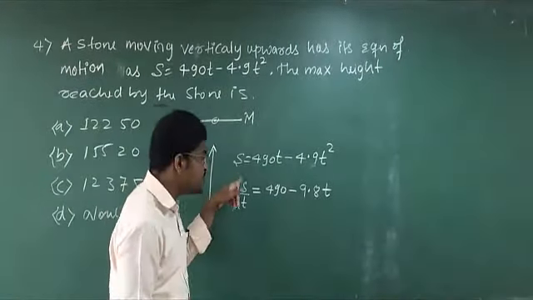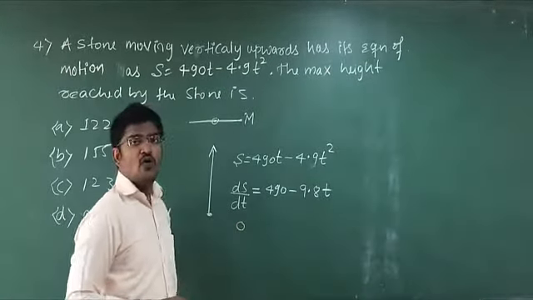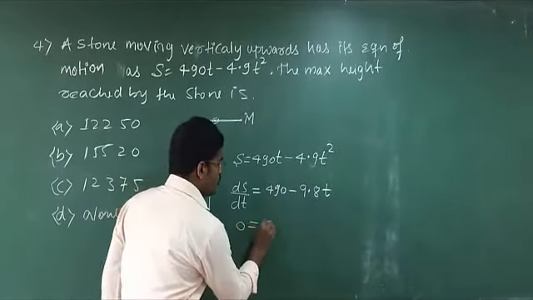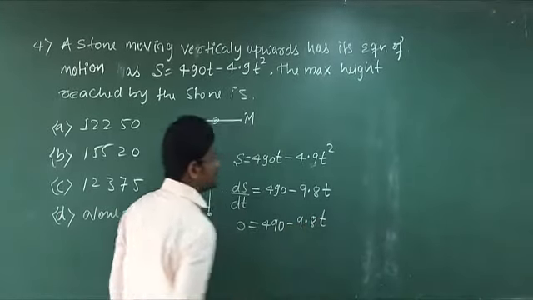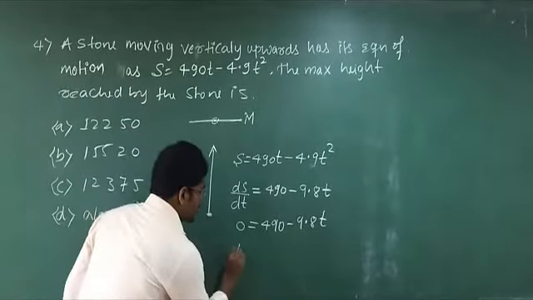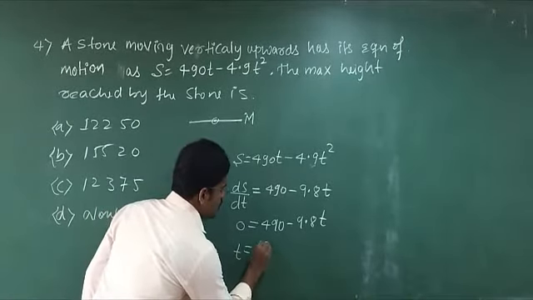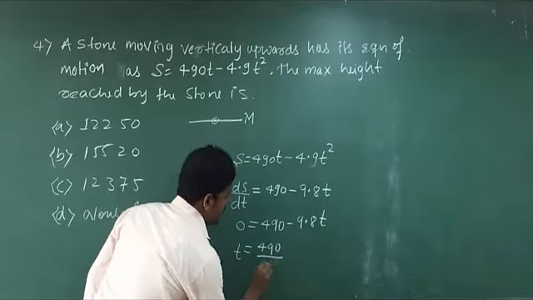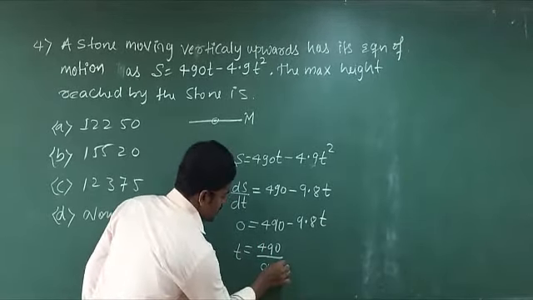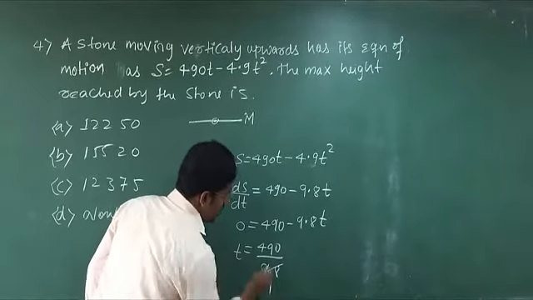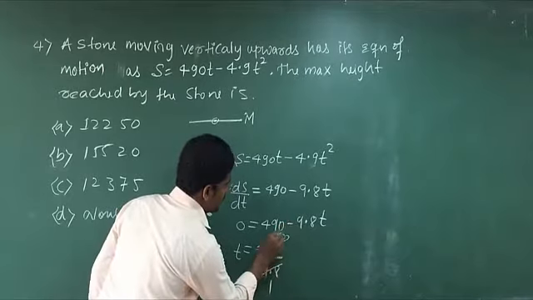That means ds by dt at maximum point will be 0, equal to 490 minus 9.8t. So now t is equal to what? t will be equal to 490 divided by 9.8. So you simplify it, it will be 50.